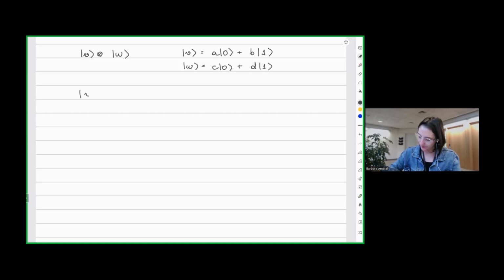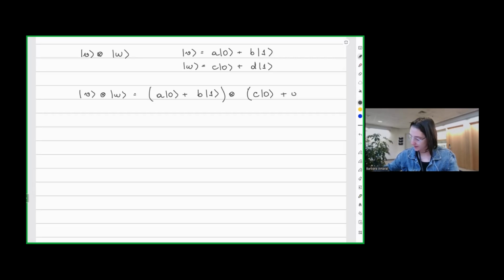So when I do the tensor product of the two vectors.